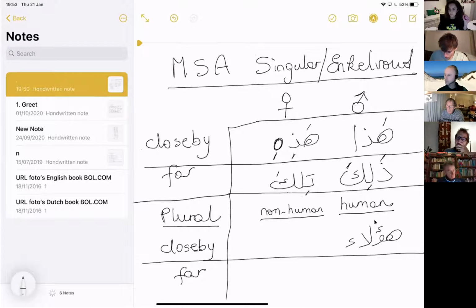هؤلاء. This is lam alif and hamza. هؤلاء.